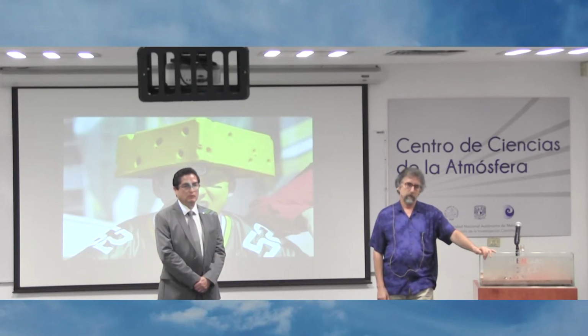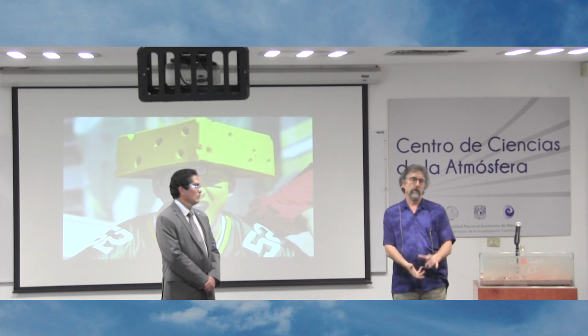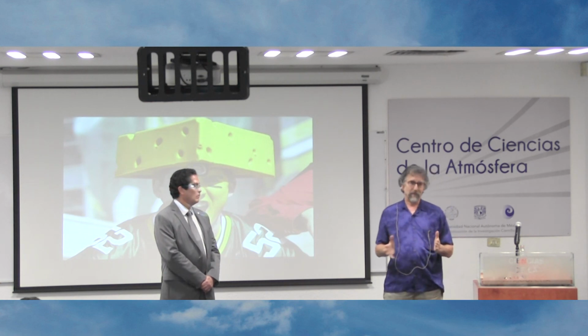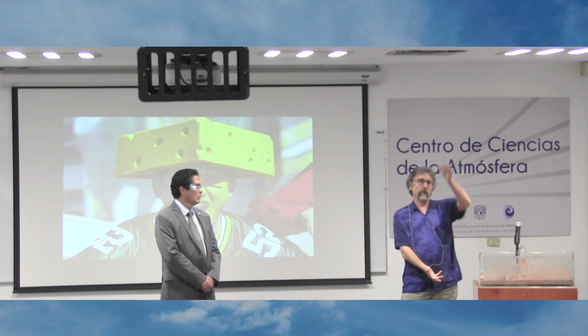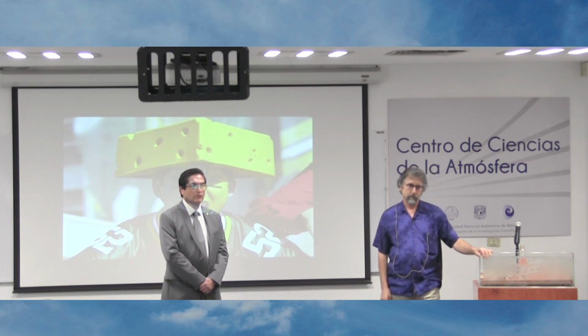PM2.5. Yes. So that's the concentration in the whole column? No. The thing we're trying to predict is the concentration close to the ground. But that is almost the same as the concentration in the whole column, because most of the aerosols are close to the ground. Okay. Thank you very much.